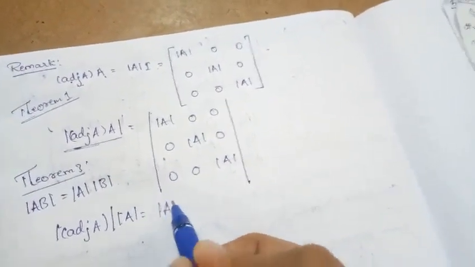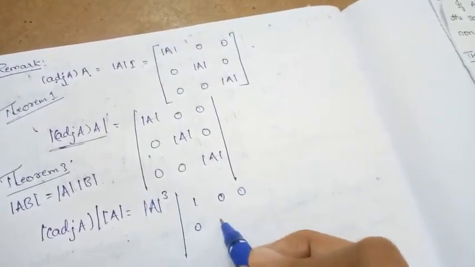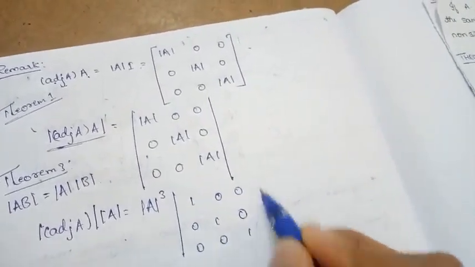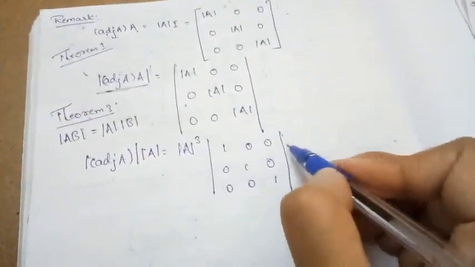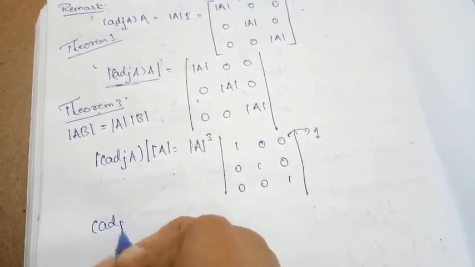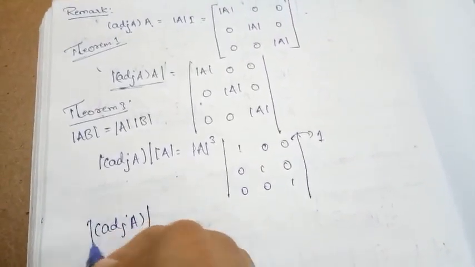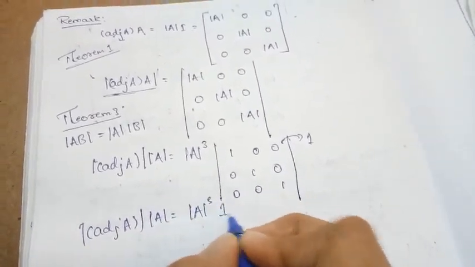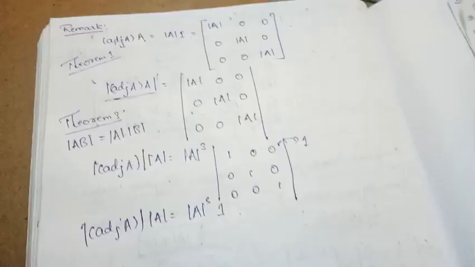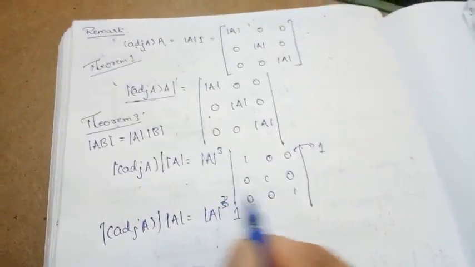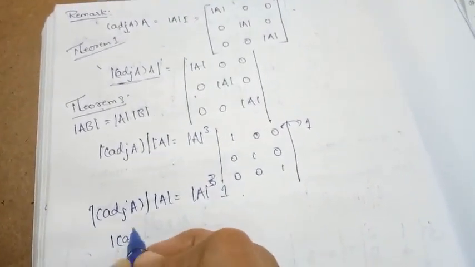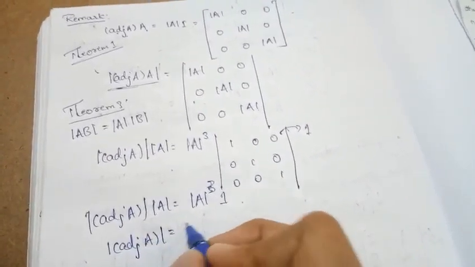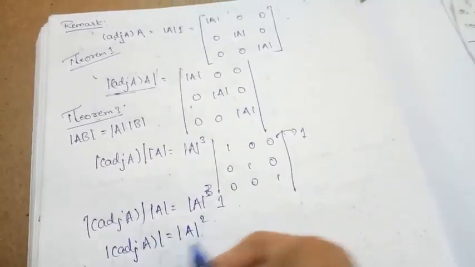So what happens is determinant A whole cube, and the remaining elements are 1 0 0, 0 1 0, 0 0 1. The determinant value of this is nothing but 1. So we get the determinant of adjoint A into determinant A whole cube into 1. One determinant A cancels with one of the determinant A from the cube. So the determinant of adjoint of A is equal to determinant A squared.